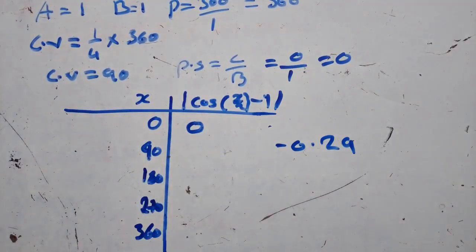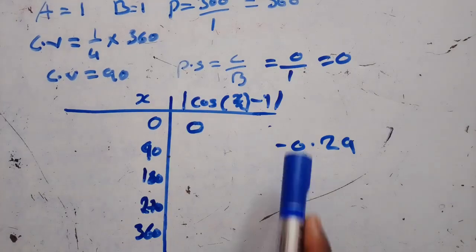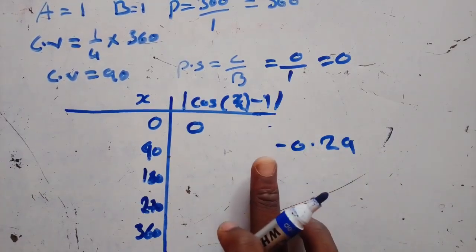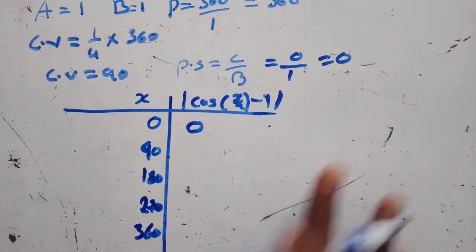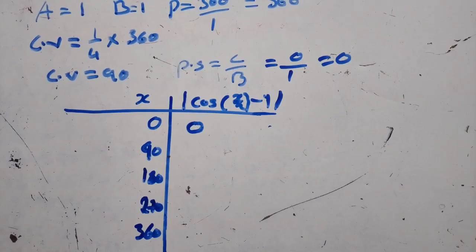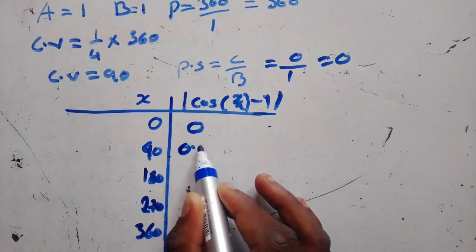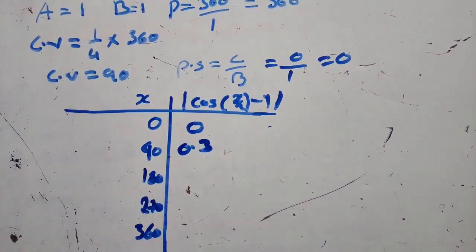The negative values are pushed to the positive values. So we won't write negative 0.29, we write positive 0.29. Then we round off: 0.29 is the same as 0.3. So when you're dealing with modulus, just know that you won't have a negative value. Change that negative value into positive value.